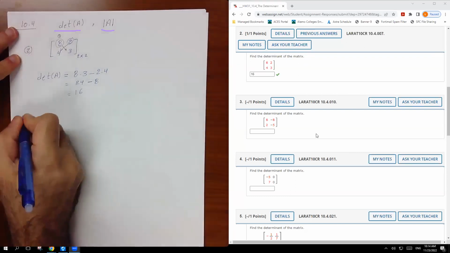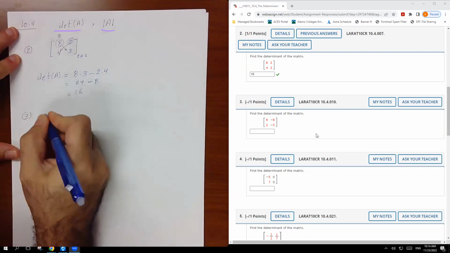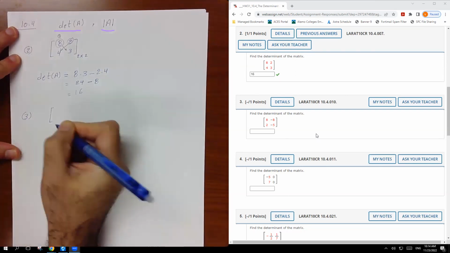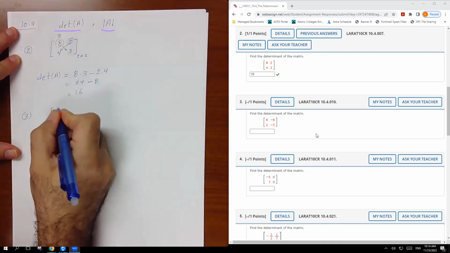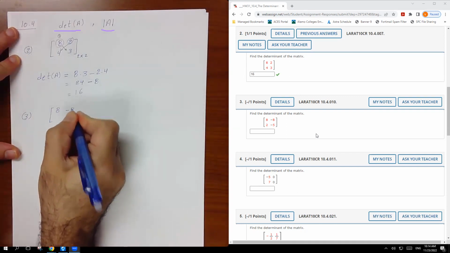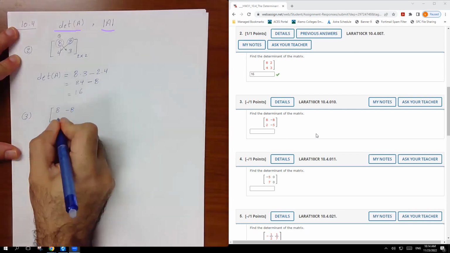Find the determinant. We have the matrix 8, negative 8, 2, negative 5.